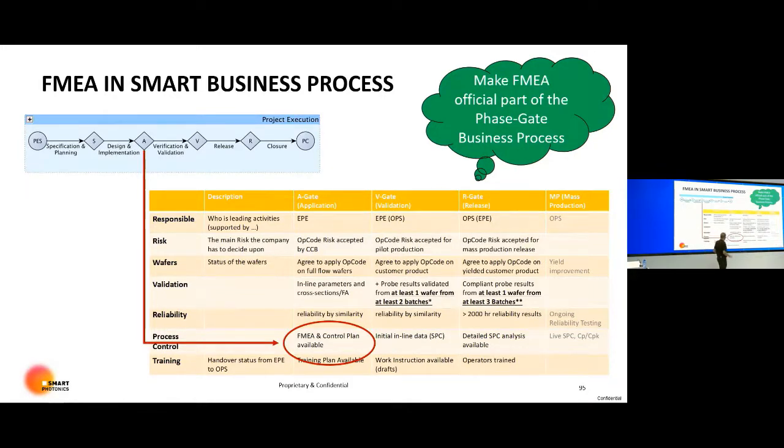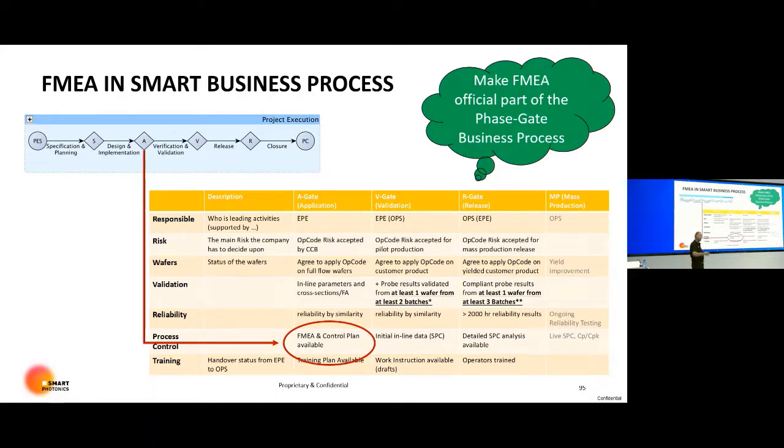This A gate very specifically has the FMEA and control plan in there. There's no A gate if that's not delivered by the team who developed the process and is seeking approval. That's really, really important. That makes it immediately serious, and shows the business is really serious about it.